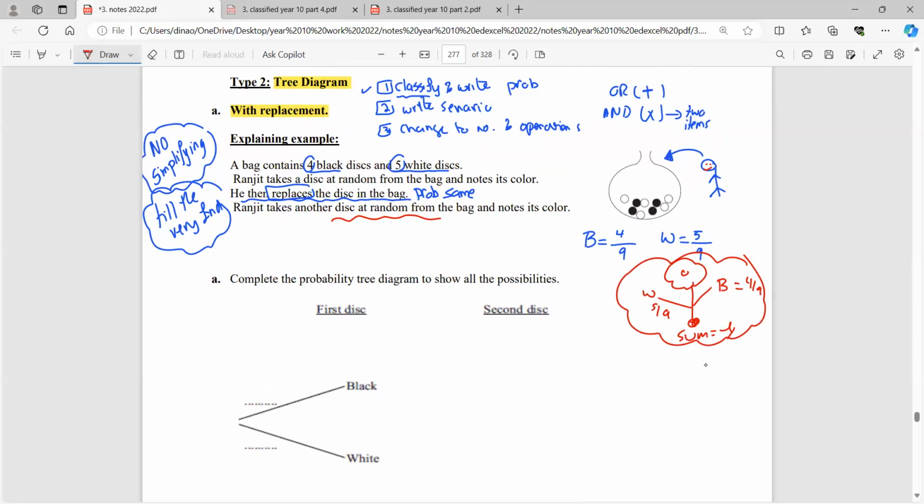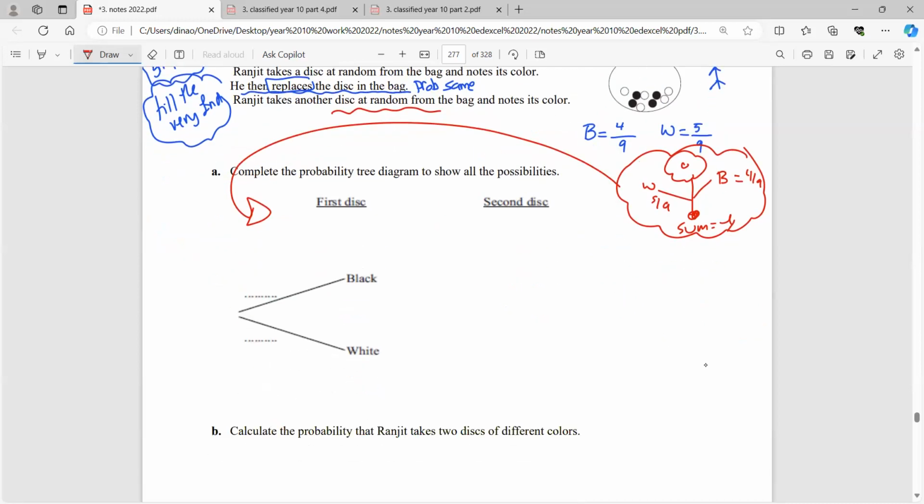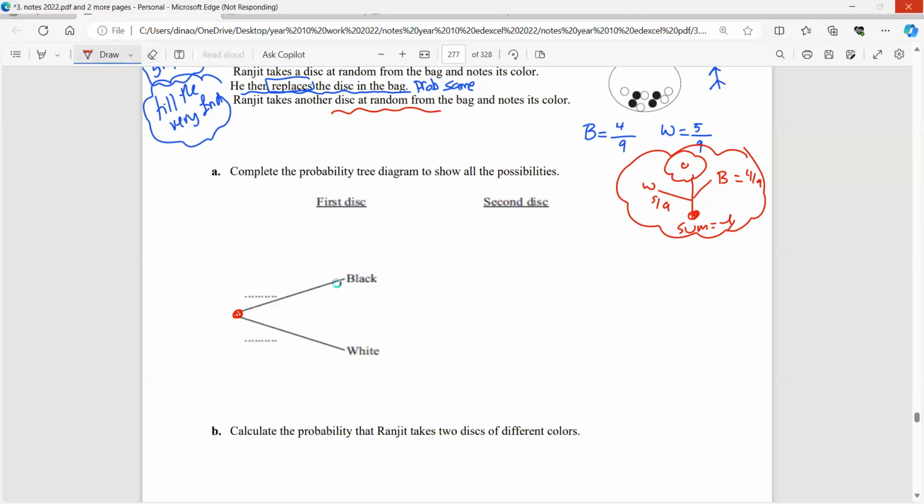Now, how do I translate the tree mathematically? In math, what does this tree look like? As you can see, it's a dot and two branches. A dot and two branches. On the branches, we write the probabilities.